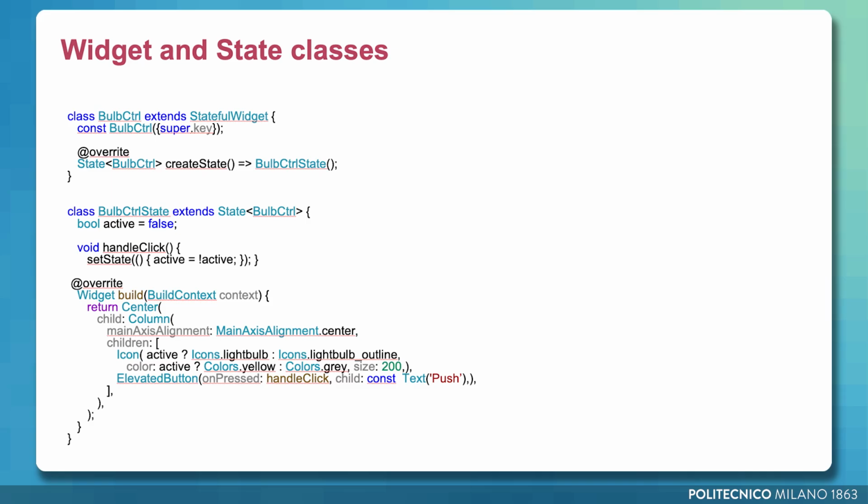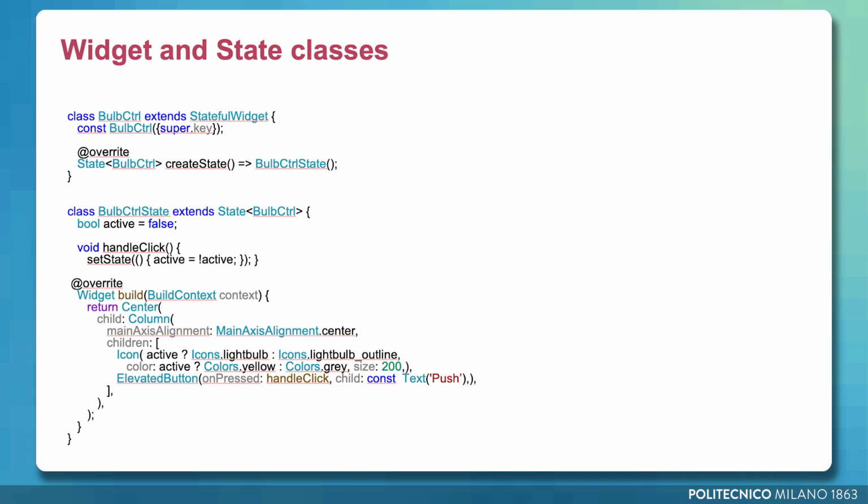The most interesting part of the code appears in the build method. Besides creating a center column, we use the well-known ternary operator to decide which icon should be displayed. Depending on the value of active, we show either a filled light bulb icon or the outlined one.